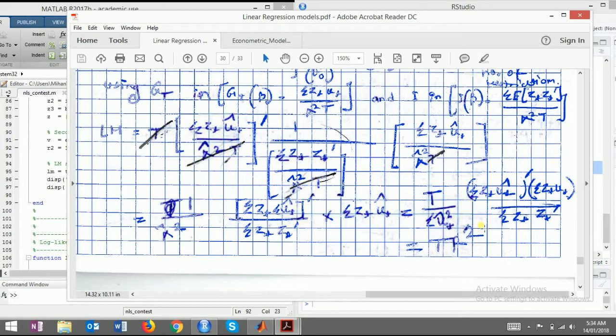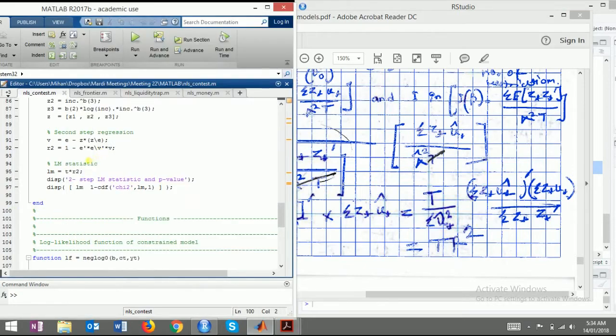So first we are updating, this is regression, so first we are updating U regressed on Z. Then we are using the regressed value to regress U's on Z's and find R square.